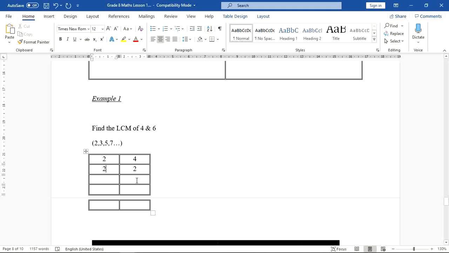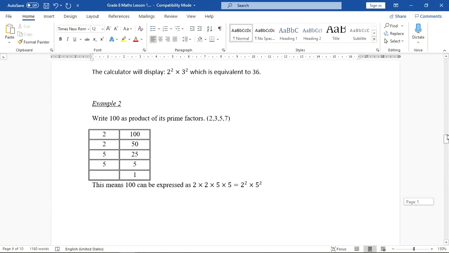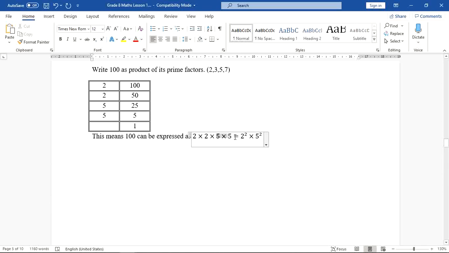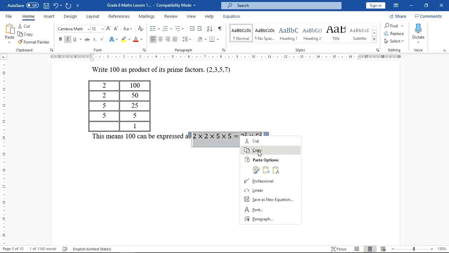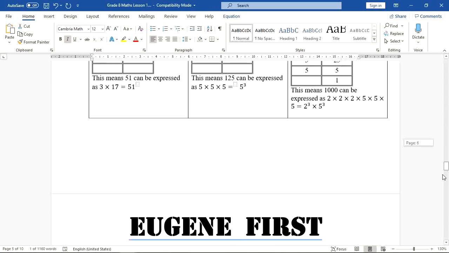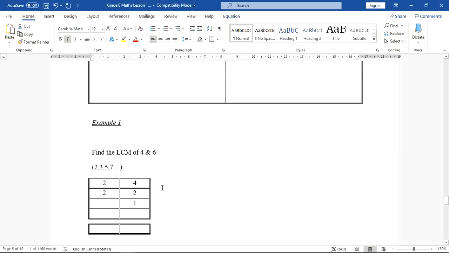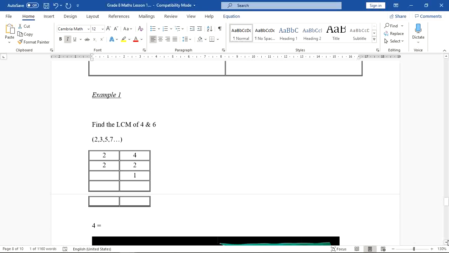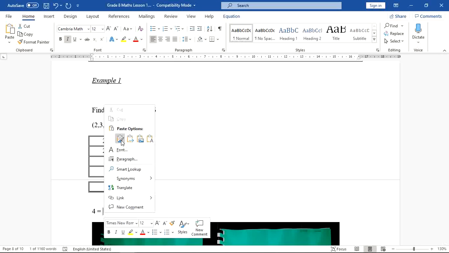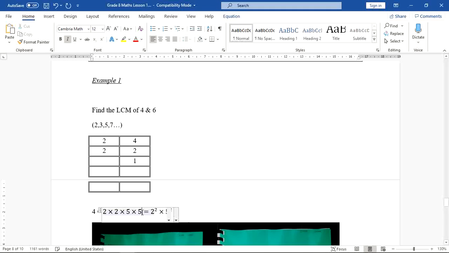So now we can say that number 4 can be written as 2 times 2, which is just 2 exponent 2. So that's number 4.